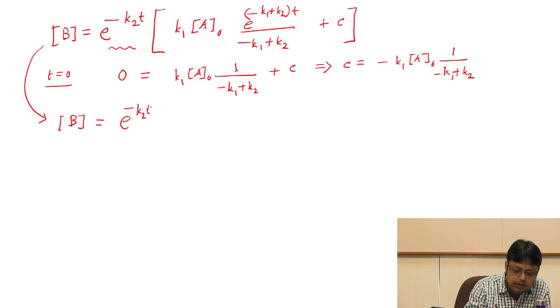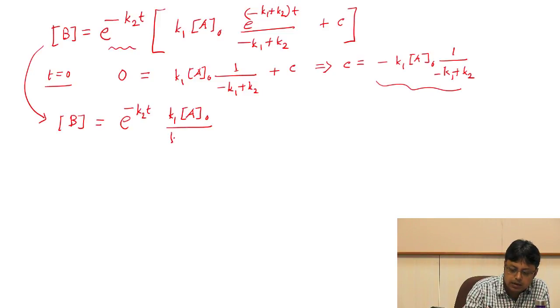It will be e to the power minus k2 into t into, now I can take this entire factor as common, we can just take it out, so I'll just write k1 into a0 divided by minus k1 plus k2, and then inside the bracket, which was for c actually, I'll have minus 1 here, and inside the bracket I have e to the power minus (k1 plus k2) into t.